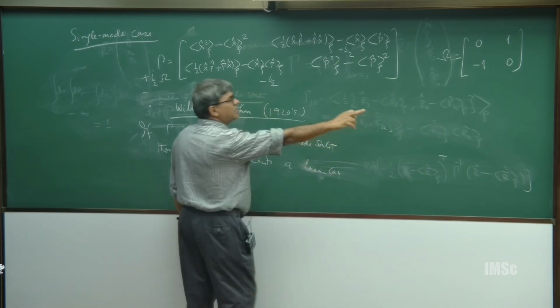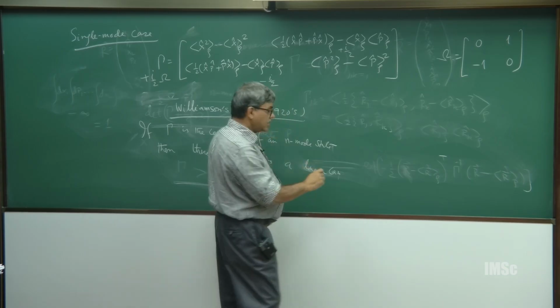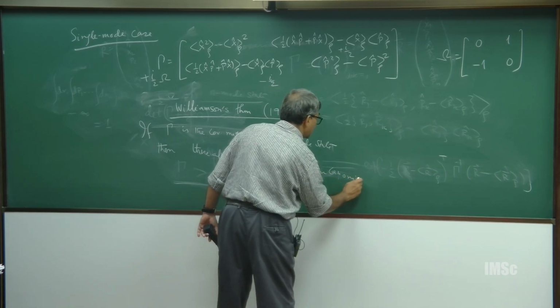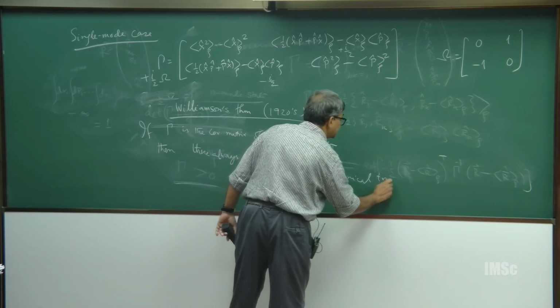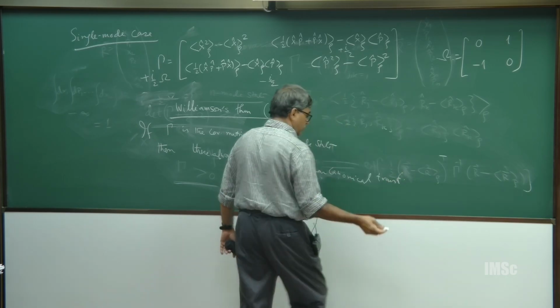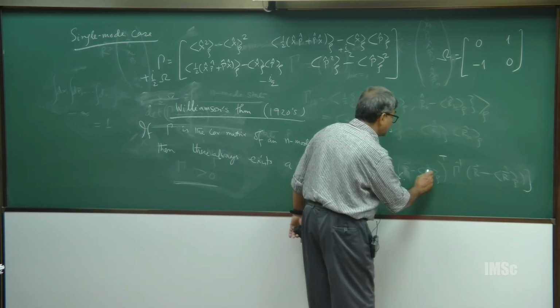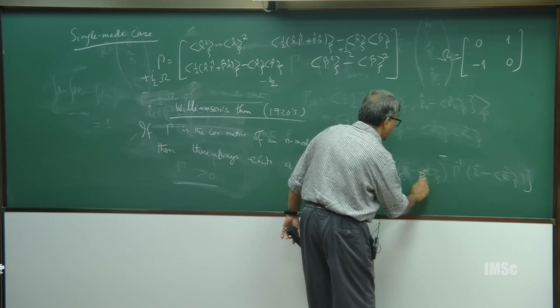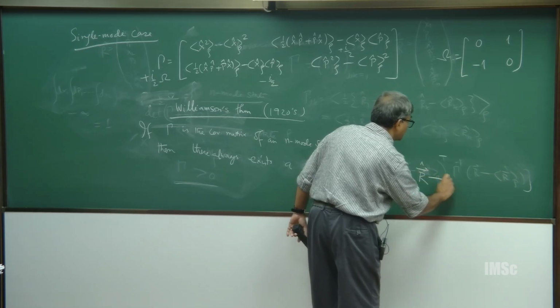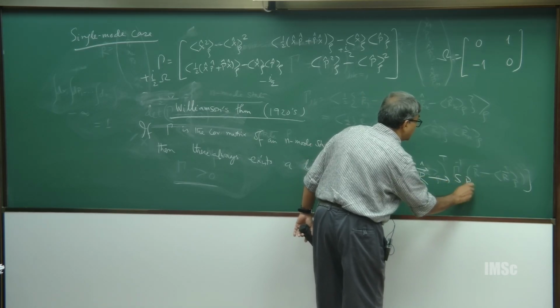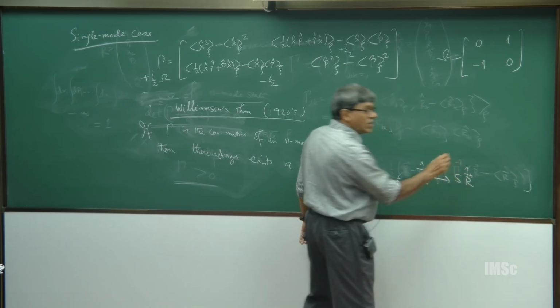Linear canonical means this condition has to be satisfied. Which is basically R going to S of R, where S is a 2n by 2n matrix.